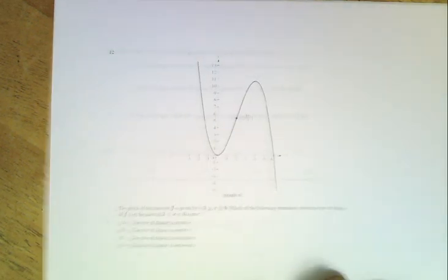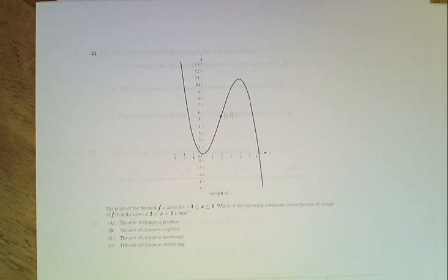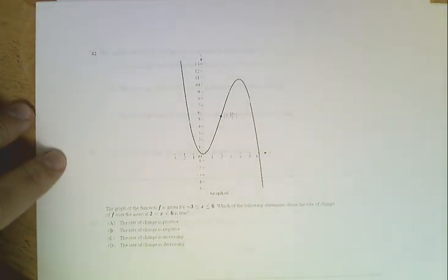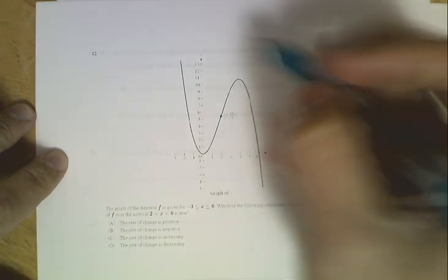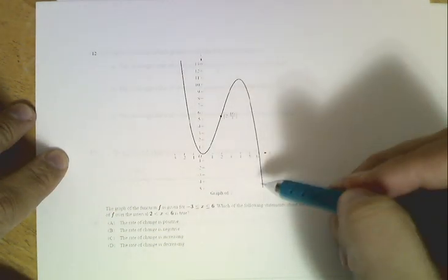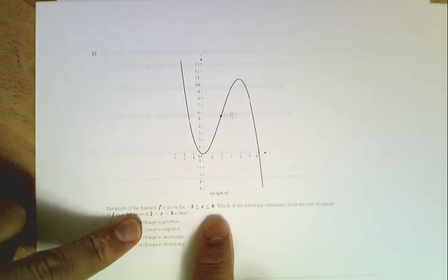Let's go for the next page here. 12. The graph of the function f is given for -3 all the way to 6. So from -3 to 6, so that is the entire graph, that interval.